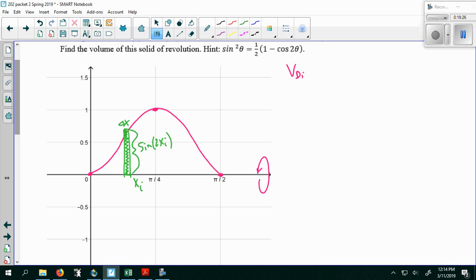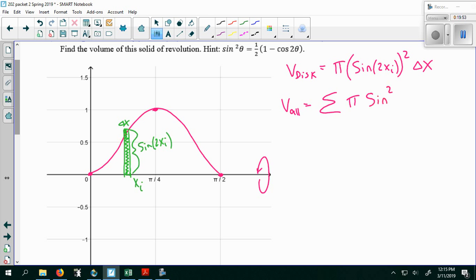So the volume of my disk is pi times the radius of the disk, which is sine of 2x sub i squared, pi r squared, times the thickness, delta x. So the volume of all the disks, I'm just going to add up all the disks that have this same volume formula.